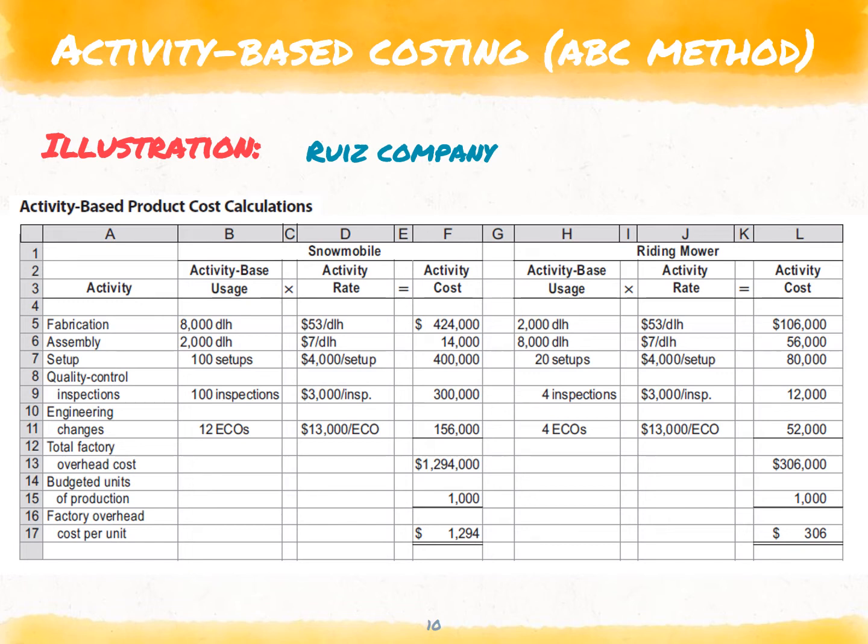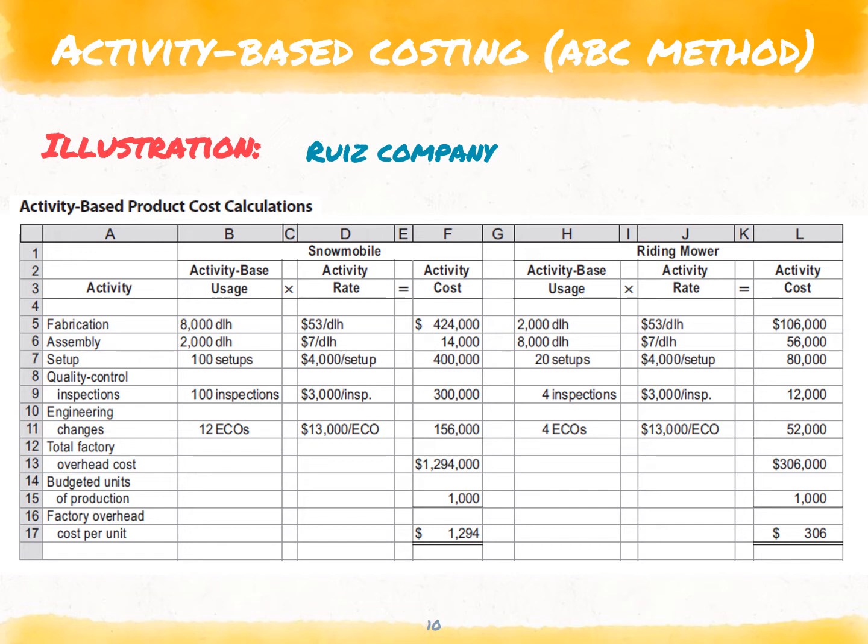For riding mower: fabrication $106,000, assembly $56,000, setup $80,000, quality control inspection $12,000, and engineering changes $52,000, with a total of $306,000.